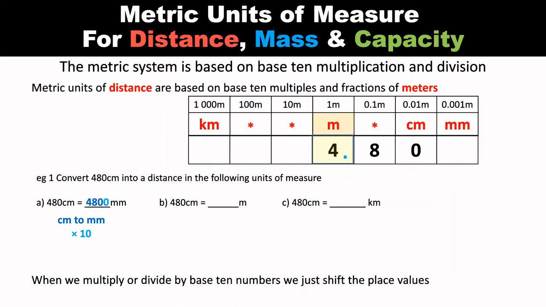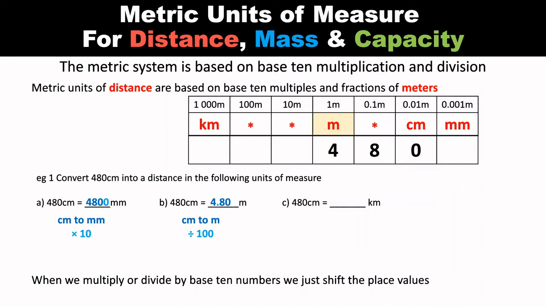Just like magic, I've now turned 480 centimeters into 4.80, or simply 4.8, meters. Again, you can do this conversion directly using your knowledge about metric units of measure. You should know that there are 100 centimeters in a meter, so the centimeter to meter conversion is simply dividing by 100.